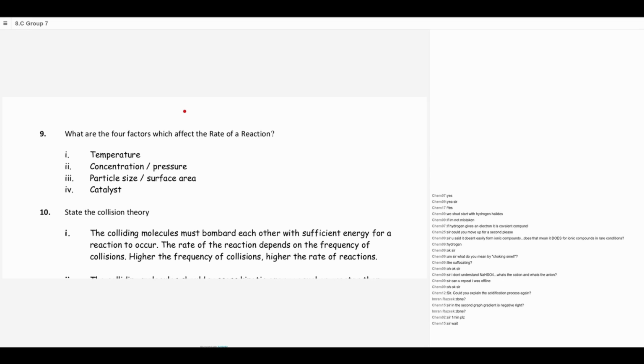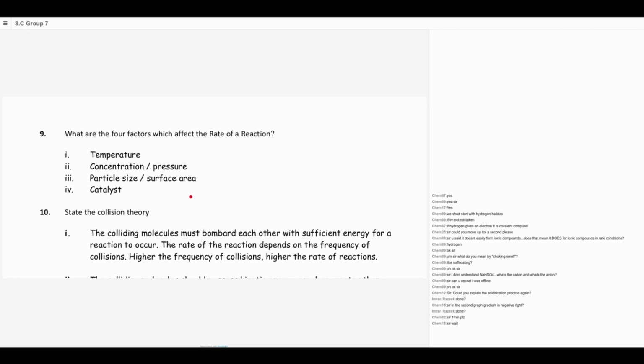For solutions, we use the concentration, and for gases, we use the pressure. So it's the same factor. And particle size and surface area is the same factor. We'll discuss these factors in detail, how they affect the rate.